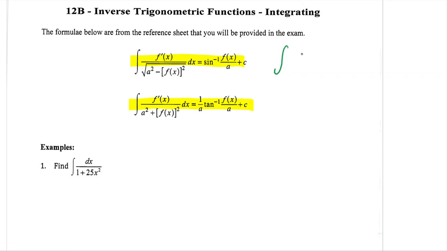So if I was integrating f dash over square root of 1 minus f of x in brackets squared, I could either have a minus in front of that whole fraction, or you could have negative inverse cos of the function plus c. So that one is an option if you would like to remember it.